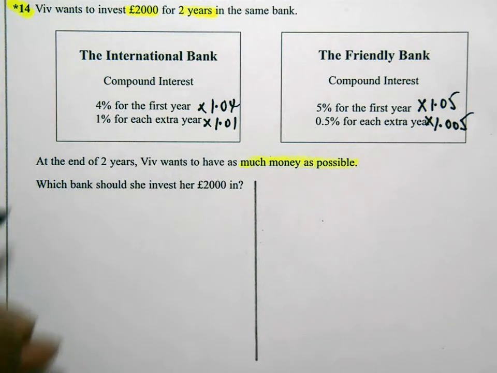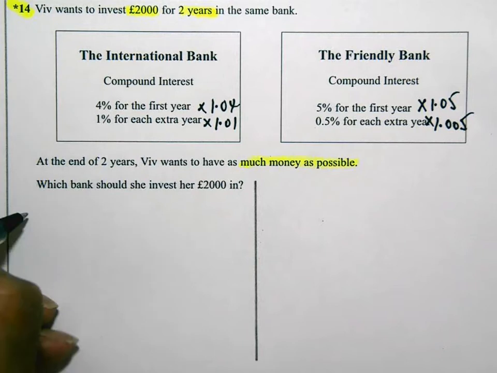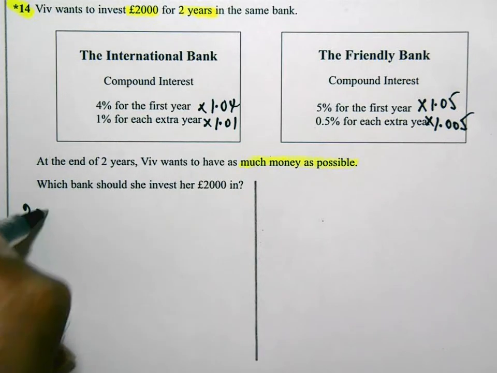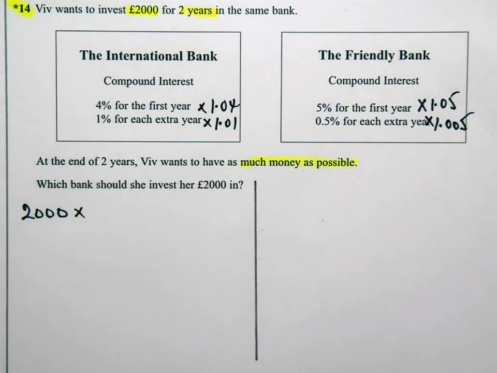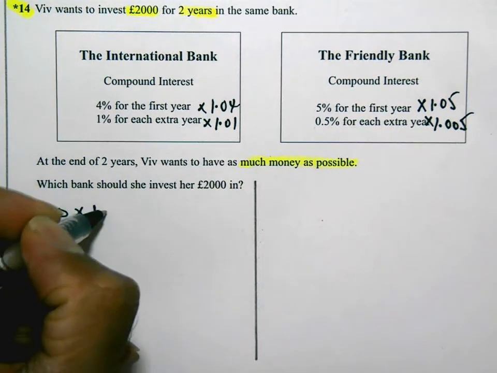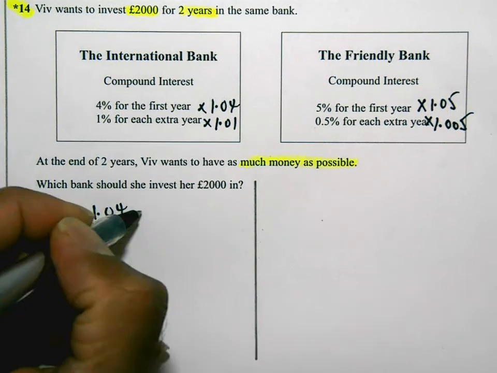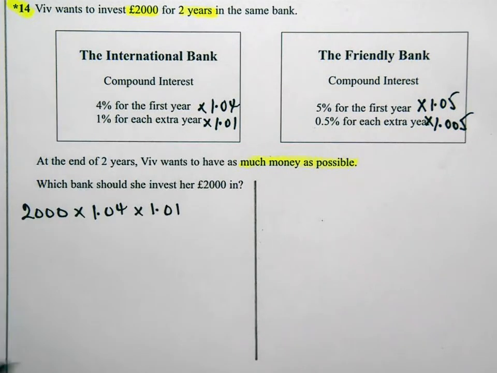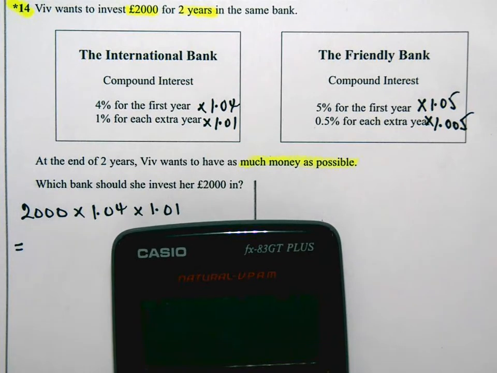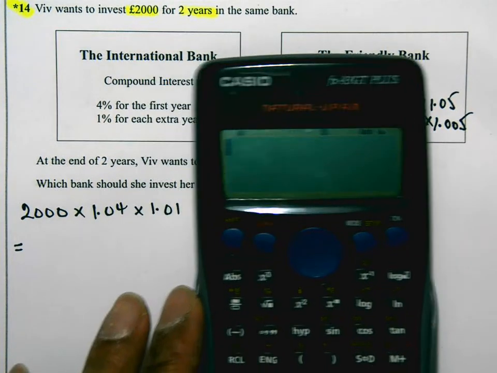So let's do our calculations. For the international bank, if she puts £2,000 in, in the first year your multiplier is 4%, 1.04, and then for the second year it's going to be 1.01. If I work that out, that will tell me how much money she'll have in the international bank after 2 years.